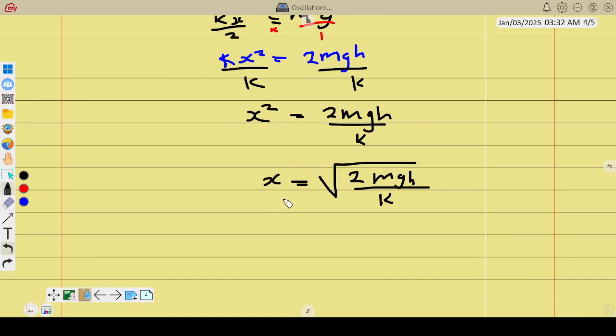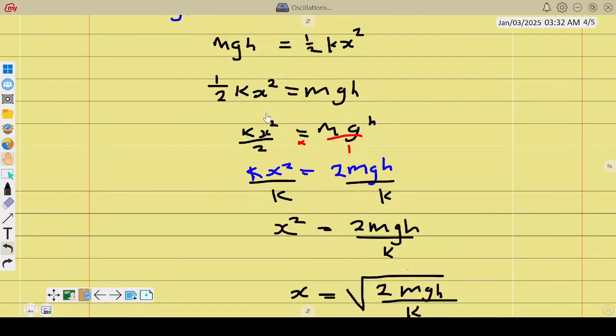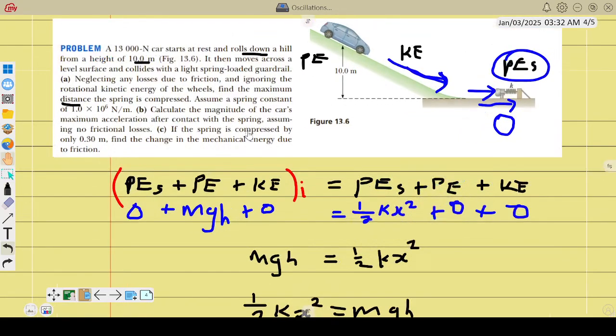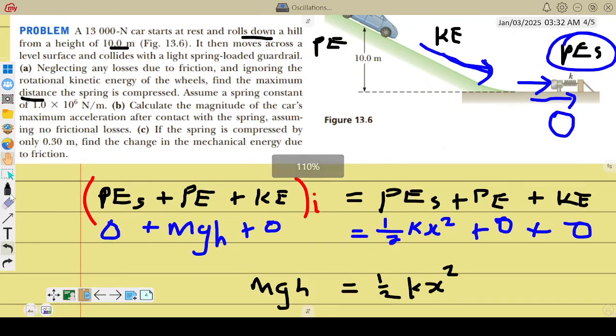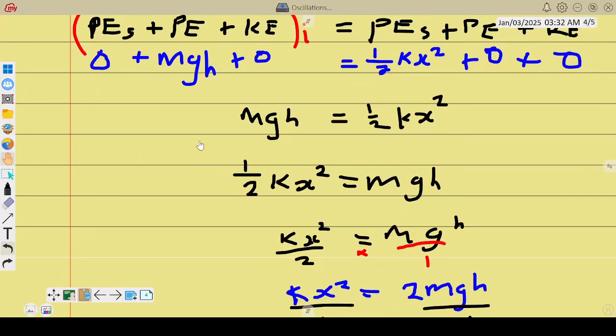It was how far was the spring compressed? No wonder we were making x the subject. The question is, find the maximum distance the spring is compressed. So simply finding the maximum distance there.